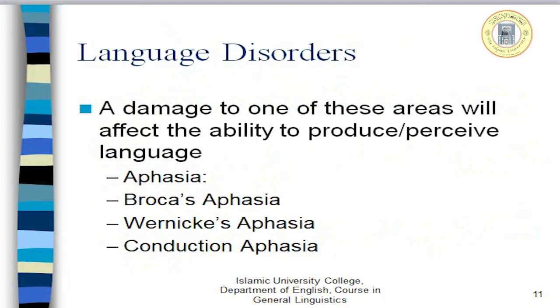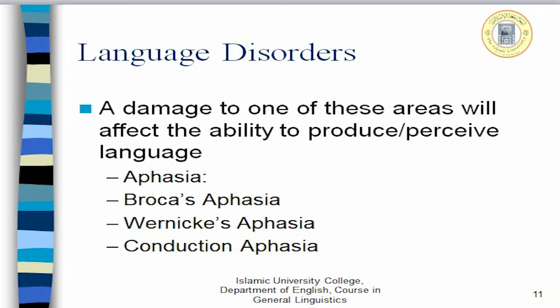Now, since there is a discrepancy sometimes between the impulses sent by the brain and the physical mechanisms accomplished by the organs of speech, then there must be what is called language disorders.